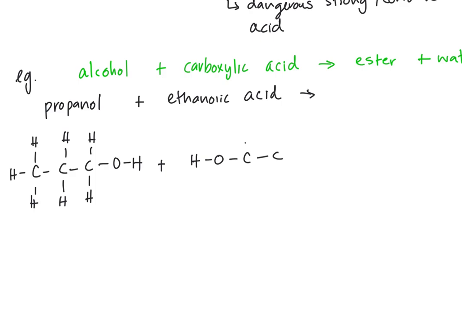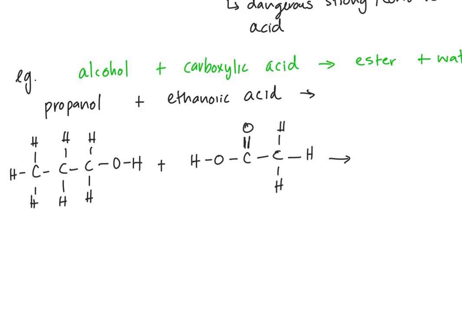Ethanoic acid has 2 carbons. One of your carbons has a double bond to an oxygen, and it has an OH. Now here's the important part.